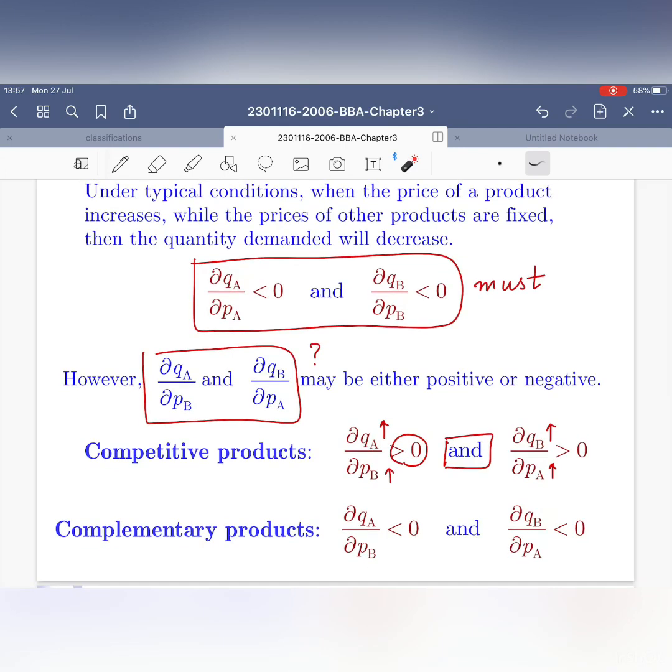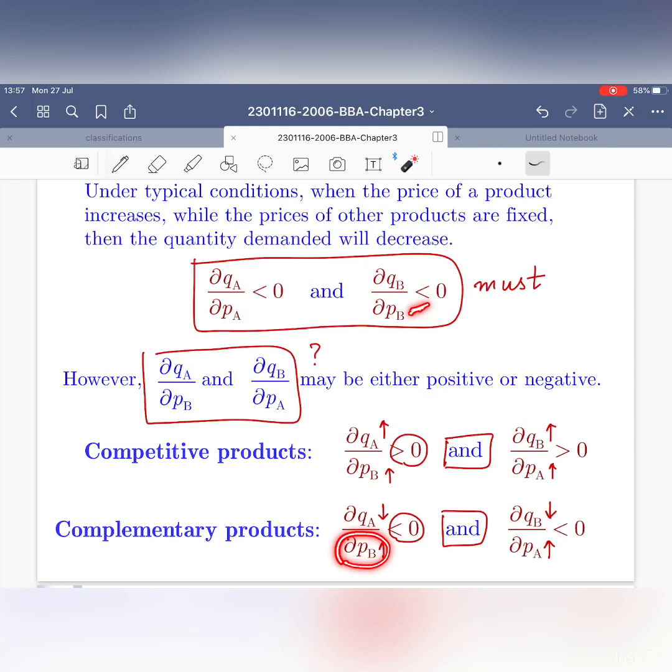On the other hand, if both of them again, it must be both of them, and if the price of B is going up but the demand of A is going down, it's negative, or the price of A is going up and the demand of B is going down. What does this mean? If the B is getting more expensive, of course people don't buy B, right?